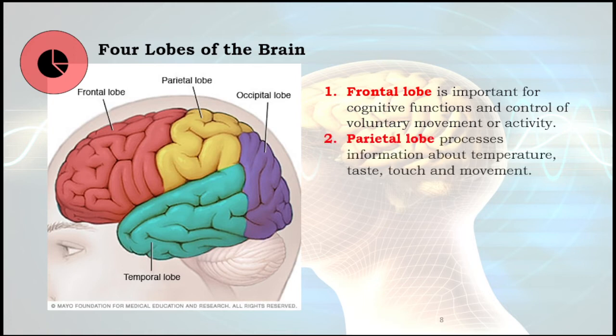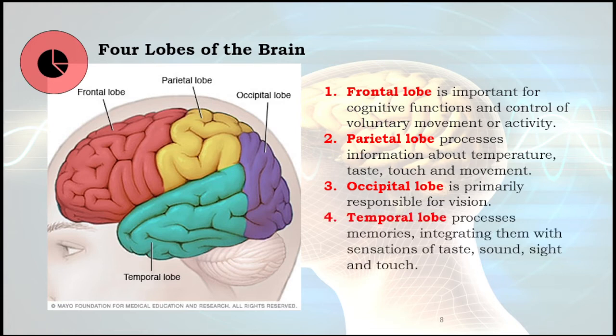Second is the parietal lobe, which processes information about temperature, taste, touch, and movement. Third is what we call as the occipital lobe, which is primarily responsible for vision. The fourth one is the temporal lobe, which processes memories, integrating them with sensation of touch, sound, sight, and touch.